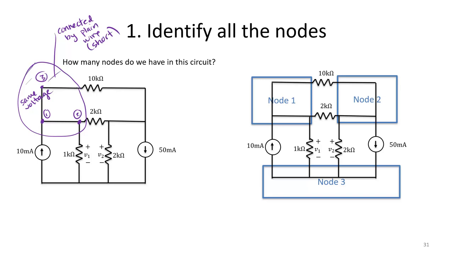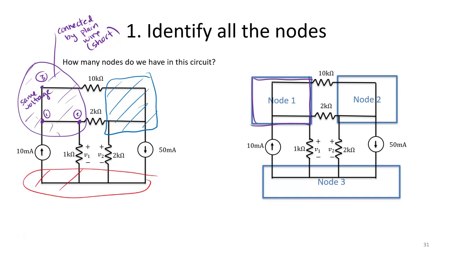So notice this whole area is a single node, node 1. Similarly, node 2, again, we determine this whole area is all connected by shorts, so node 2 is the portion in the upper right. And finally, we get one more node along the bottom of our circuit. I call that node 3.